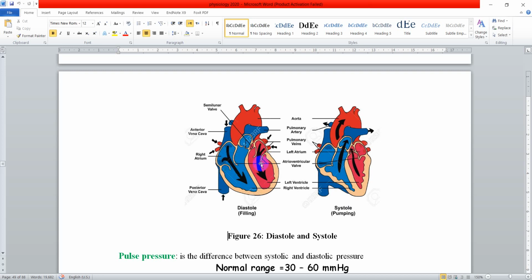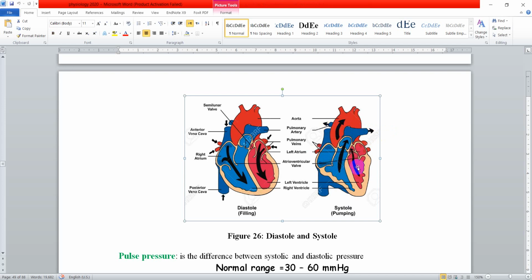Now the valves تنفتح فيدخل the blood to the ventricles, right and left. While during contraction of the heart, the blood will be pushed out of the heart. So, to the aorta, the pulmonary to the lung, and the aorta to all other parts of the body.